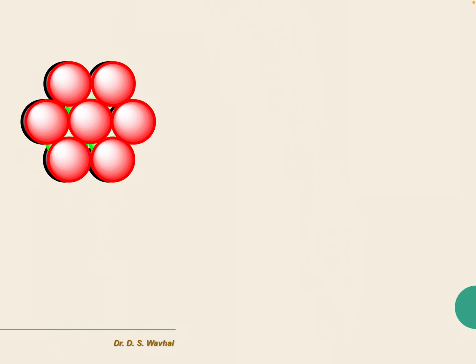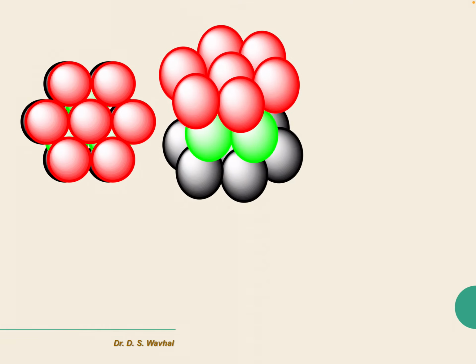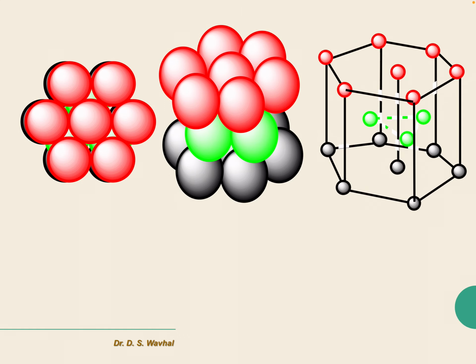We will just turn this, we will get it like this. Okay, that is the unit cell of HCP structure. Let us reduce the size of the atoms so that you can see clearly. And see, we have just reduced the size of atoms, and you see the unit cell of HCP structure.